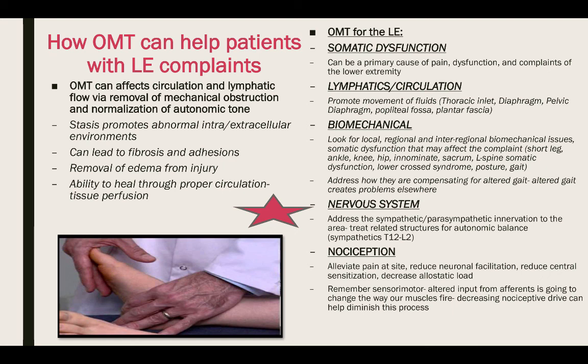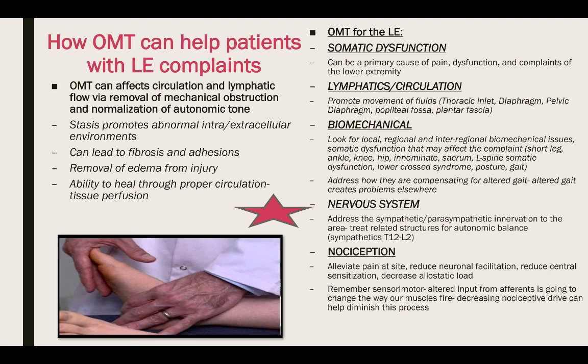But after that, I want them to stop. Once that edema is out and I've helped to clear the edema out, it's useful in the beginning and then it's not useful, right? And then I want them to stop taking the NSAIDs because there's actually some evidence that shows it delays the healing process. So you want to remove the edema from the injury and have the ability to heal through proper circulation.